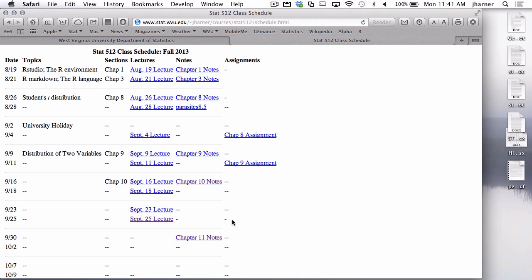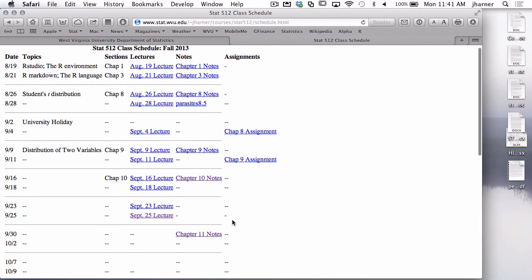In terms of the class schedule, things are more or less caught up. I put the Chapter 11 notes up. I have some revisions of the Chapter 10 notes that I'll be putting up tonight. Most of these notes, particularly starting with Chapter 10, are going to be kind of work in progress. Periodically I may update them with things, and I'll let you know so that you can download the latest version.